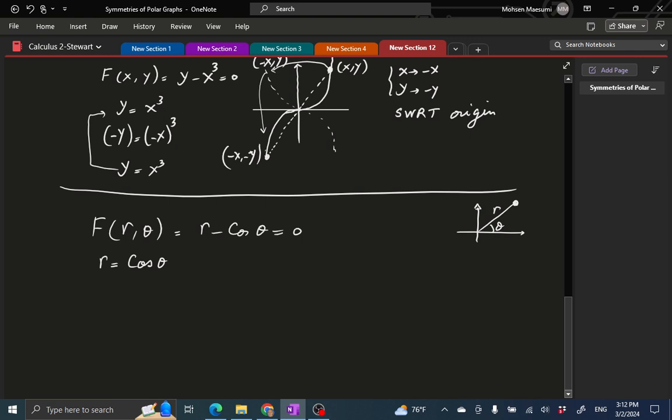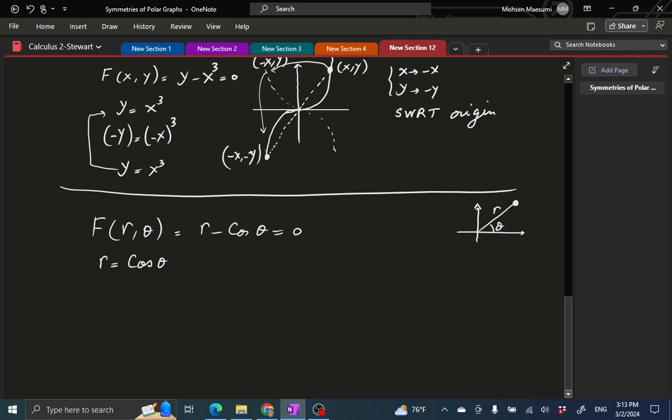If such a curve is given to me, how do I find its symmetries? Well, of course, one easy way is to graph it and look at it, but we are trying to understand it from the point of view of algebra or trigonometry and calculus and so on.